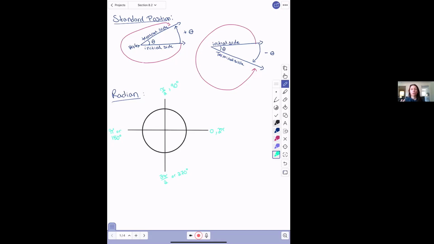But a radian, so a radian, we determine the radian based on arc measure, arc length. So right here, about almost a third of the way through, this arc length is equal to 1. And where the arc length is equal to 1 means that we have 1 radian.